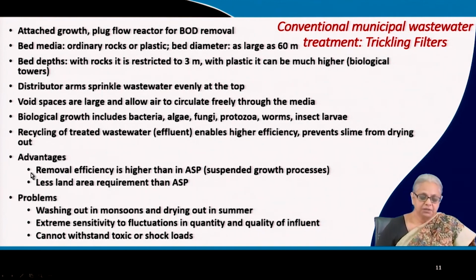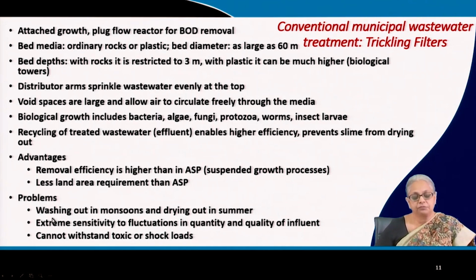Advantages of this process: the first thing is that the efficiency of all attached growth processes in general is higher than suspended growth processes. So that is very clear between the two types of process, and because the efficiency is higher, the land area requirement is also less. These are the major advantages.